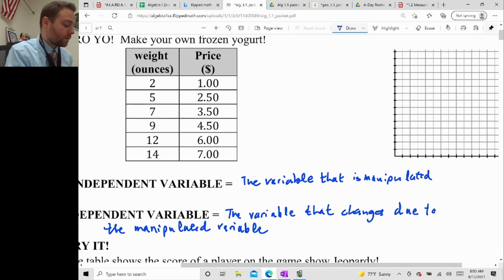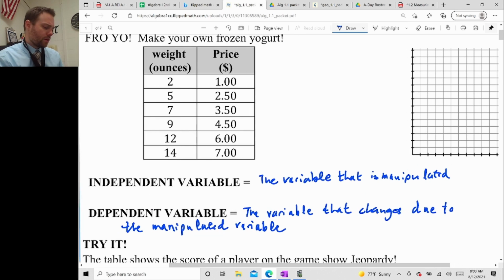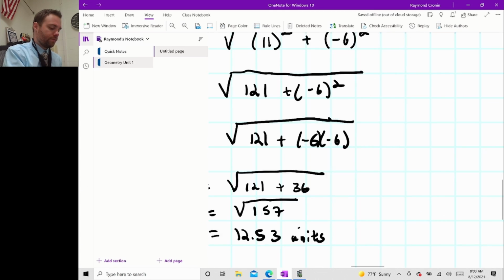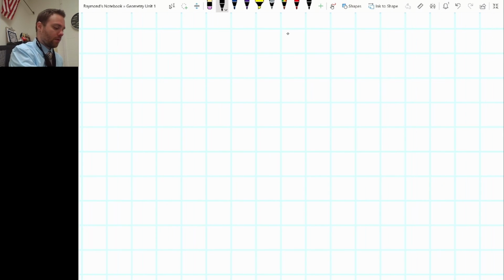Okay, so I want to start with this example, and we're going to talk about appropriate scaling and that kind of thing, but I'm going to do it on this part of the graph. I'm going to flip back and forth.